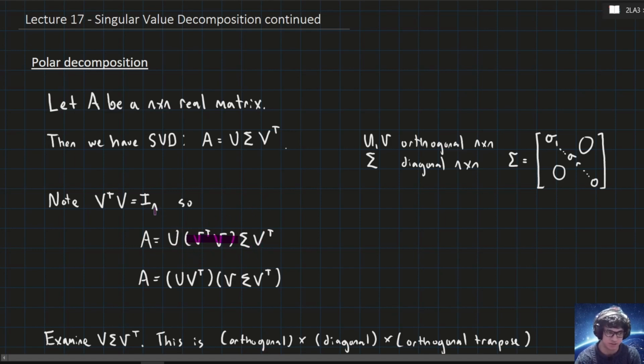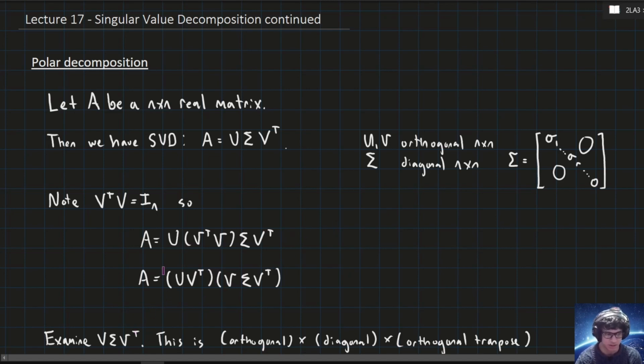Since V transpose V is just the identity, I'm allowed to do that. Now, I'm going to rearrange the bracketing of the matrix multiplication. So I'm going to bracket off the first two and bracket off the last three factors. Since matrix multiplication is associative, this is allowed. I can bracket it off as I like.